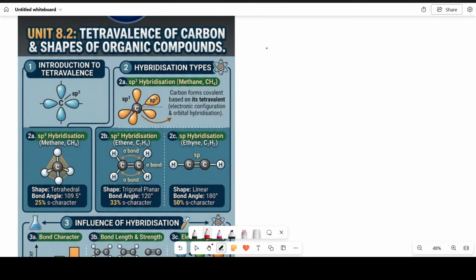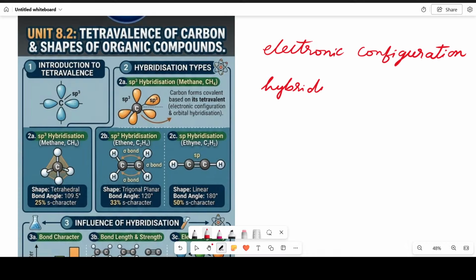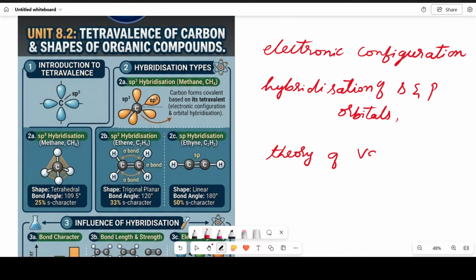Now using electronic configuration, hybridization of s and p orbitals, and also by learning the theory of valency and molecular structure, tetravalency of the carbon and the formation of covalent bonds can be understood.